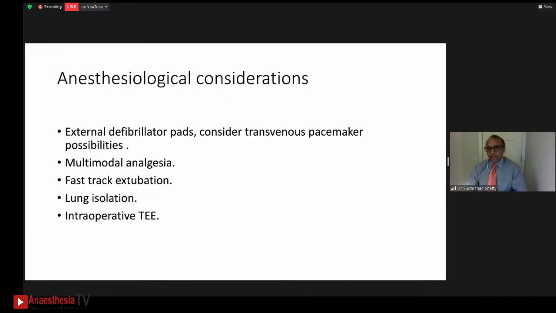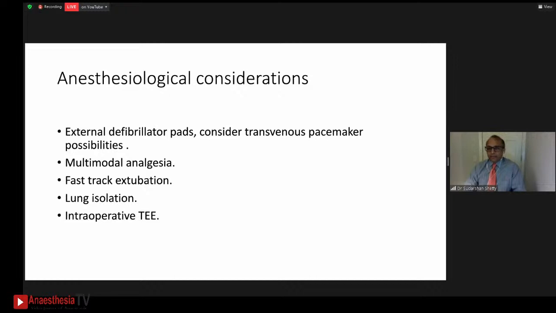And as anesthesiologists, what is it that we need to consider for these patients? This has been brought up a few times in this webinar before. Because of the small size of the incision, the surgeon may or may not be able to use internal defibrillator paddles. So we need to make sure that the patient has external defibrillator pads.